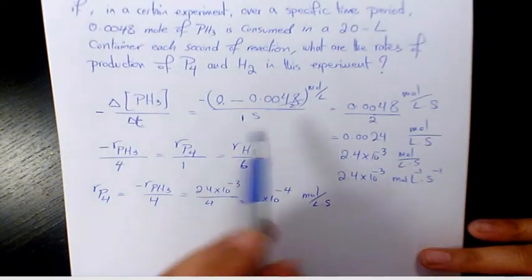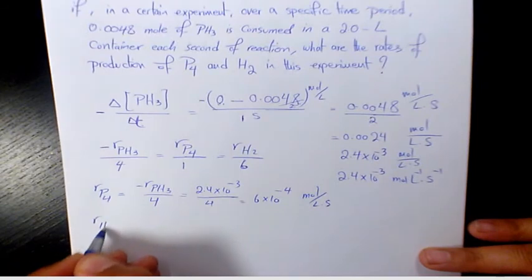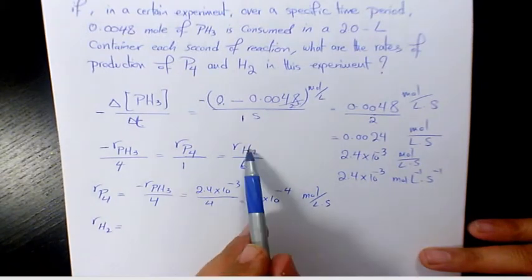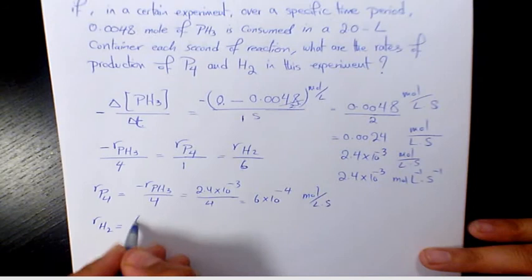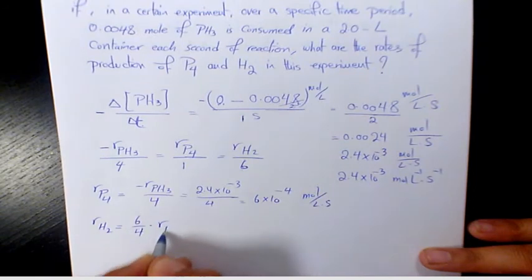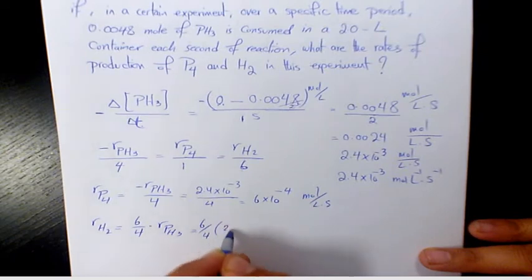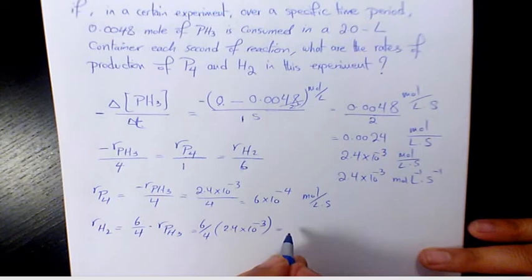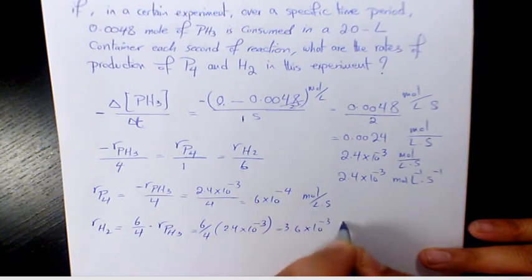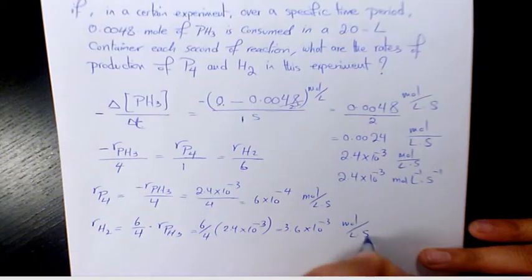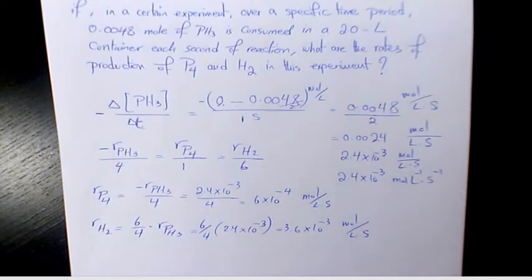On the other hand, we have the reaction rate of hydrogen, which in that case is going to be 6 over 4 times R of PH3, which is 6 over 4 of 2.4 times 10 to the power of negative 3. That's going to be 3.6 times 10 to the power of negative 3 mole per liter per second. So that's the rate of reaction of hydrogen and P4.